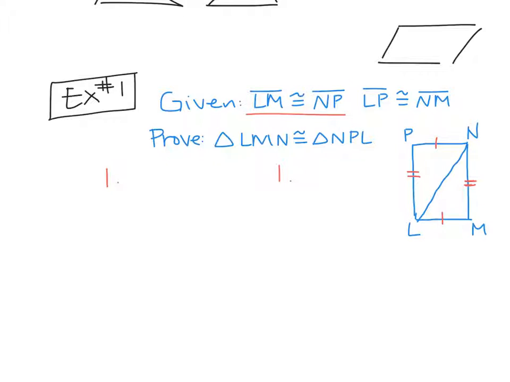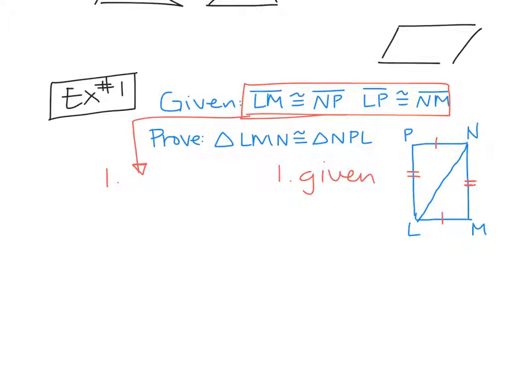What is number 1? Given. Always the given. Okay, so this is going to be given. And if I were you, if you wrote this stuff out, I would just do this. For the sake of your homework, because you maybe aren't writing all the given information out, that's okay. I don't really care about that so much. If you give me given here, I am totally fine with you doing a squiggly mark here like you wrote all the given stuff in, okay?